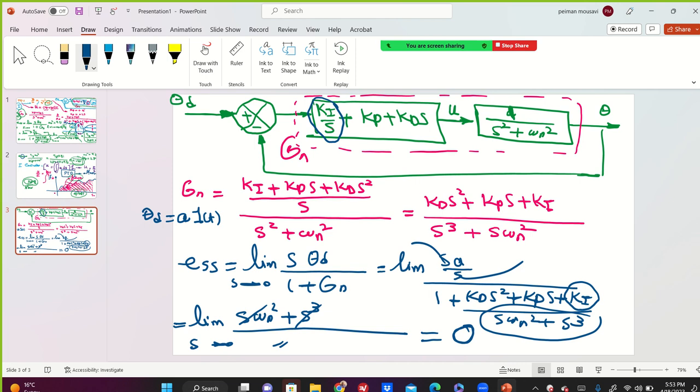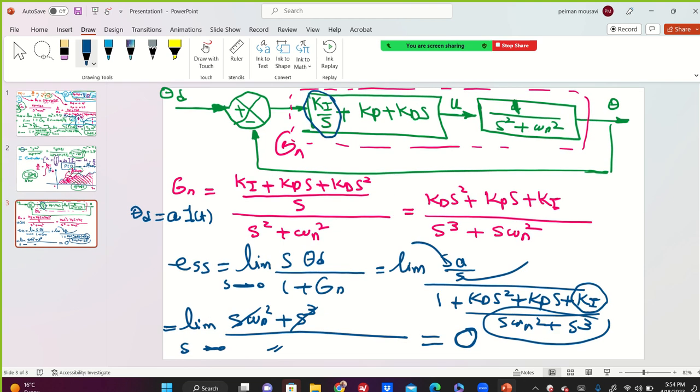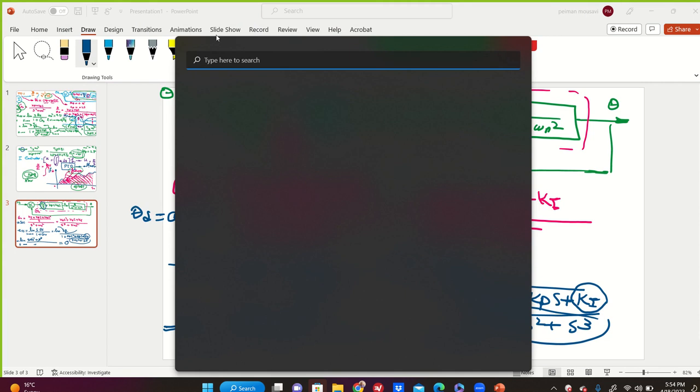So, by saying that, I'm going to MATLAB, because now you have to know how to develop its MATLAB code. Actually, we have it, we just have to develop it. So it's going to be MATLAB.